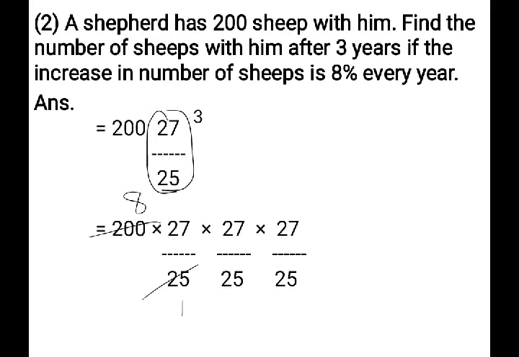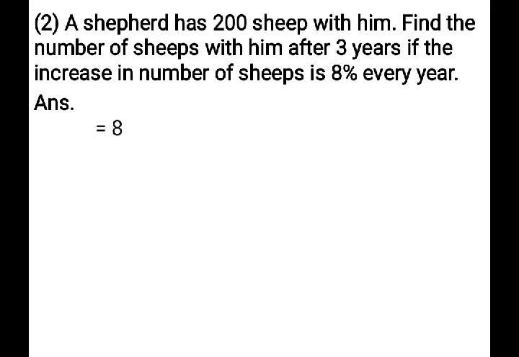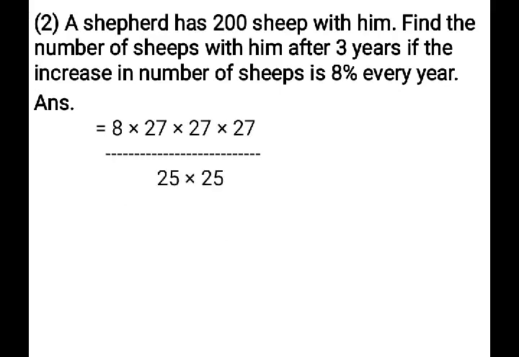After that it is not going in any table to do the cancellation. So write multiplication form of all this. That is 8 multiplied by 27 multiplied by 27 multiplied by 27 upon 25 into 25.